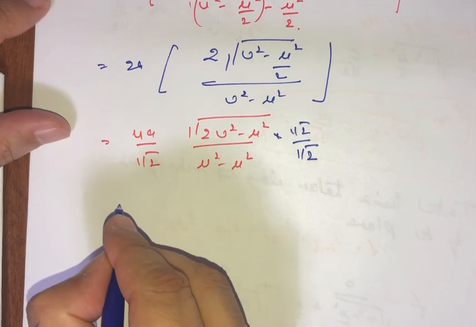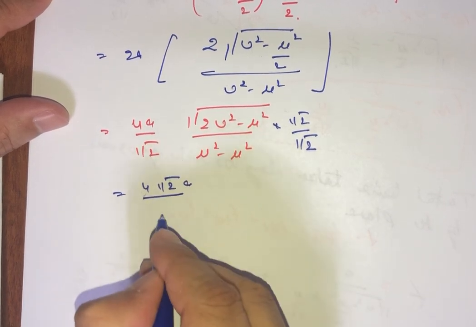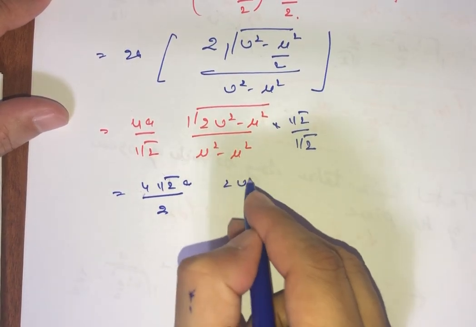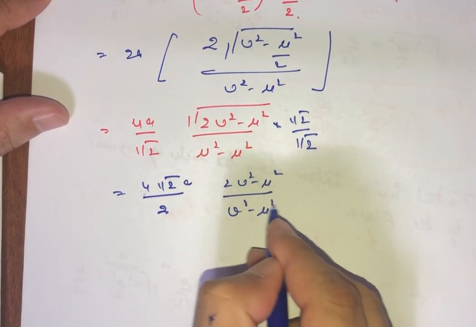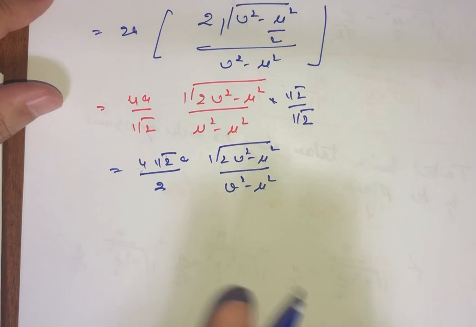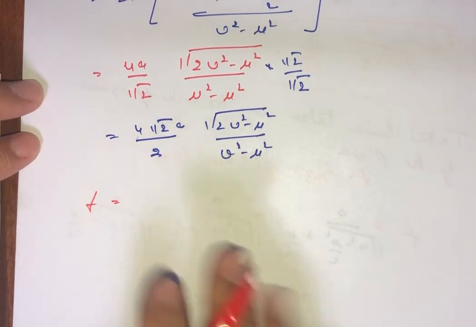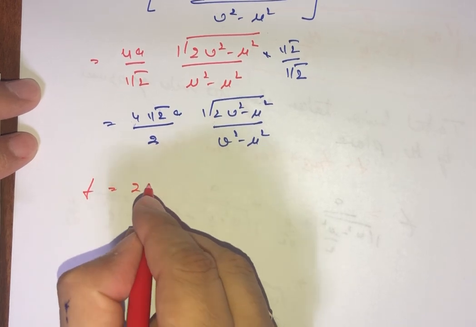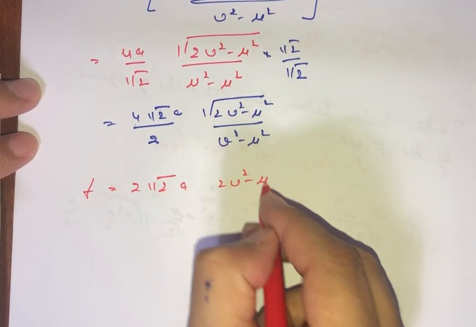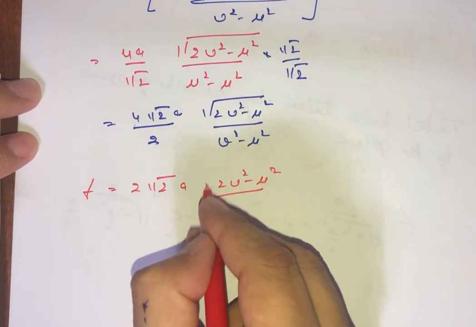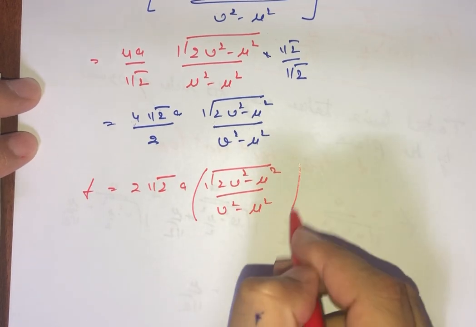We get 4 square root of 2 A divided by 2 times square root of (v square minus u square) and so on. So finally the total time will be coming as 2 square root of 2 A square root of (v square minus u square) divided by v square minus u square.